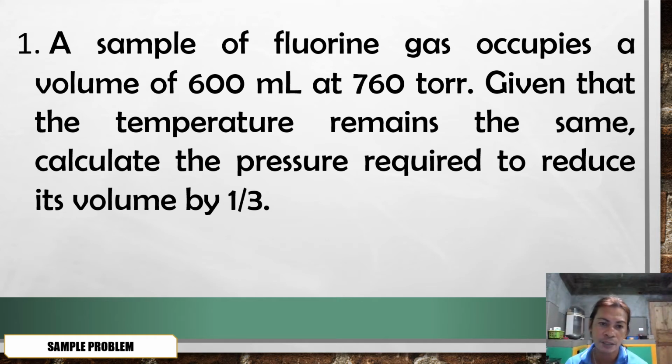Okay, let us solve this problem so that you will be able to know the application used on the Boyle's law equation. I hope you will follow this example so that you will be able to answer this question.